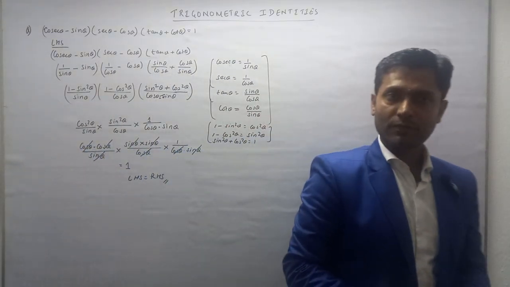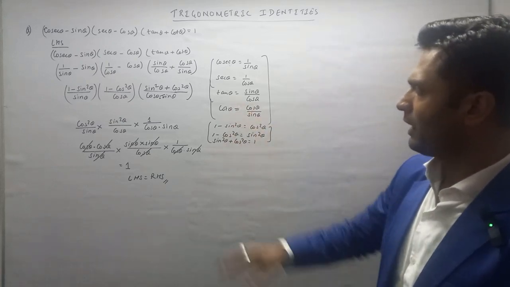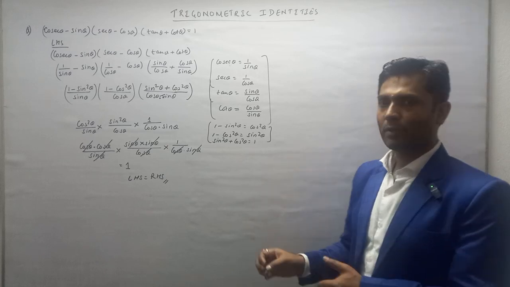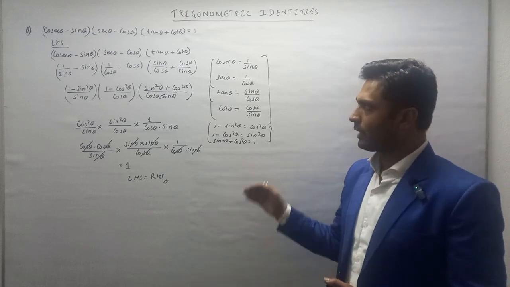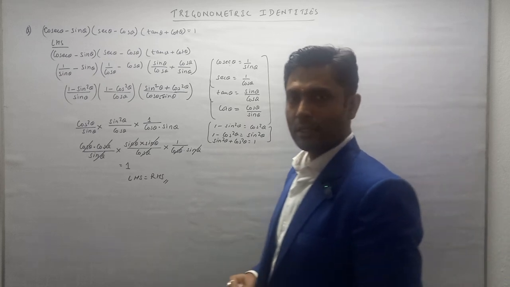The left hand side is equal to the right hand side. See, in the previous video and this video, you can make out the difference. There is no particular pattern that you have to follow, and then you can prove the identities.